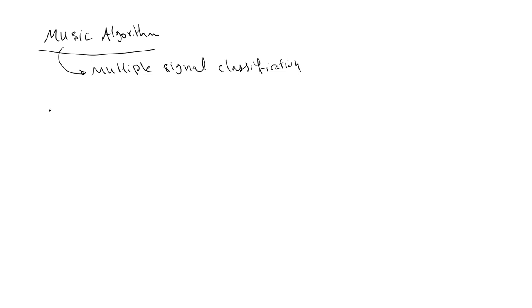In scenarios like when we have sinusoidal signals in noise, or in a uniform linear array we have N signal sources and we want to find the angle of arrival, we can form the correlation or covariance matrix as R equals A P A Hermitian plus sigma squared I. I is an identity matrix.